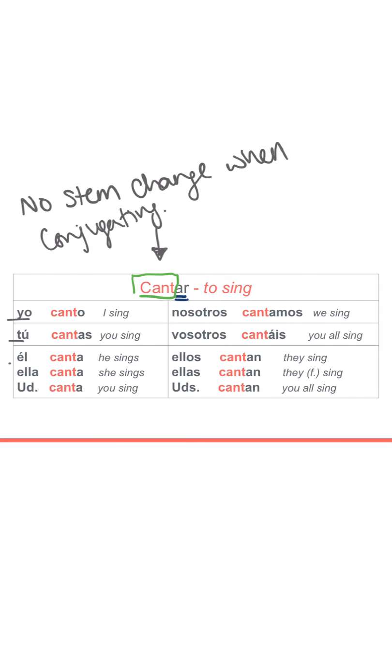So as we're learning how to conjugate, it might be a good method for you to simply plug in the stem for each subject pronoun first. So I know my stem is cant, so I could literally go through here and write in cant, cant, cant, cant, all the way through. All right, and that means we're halfway done, right?